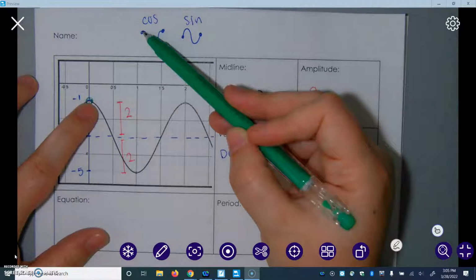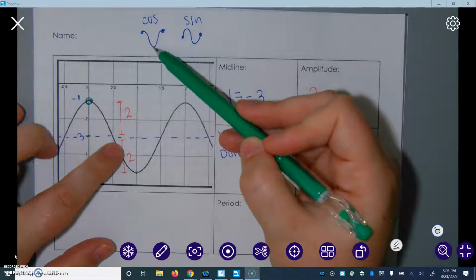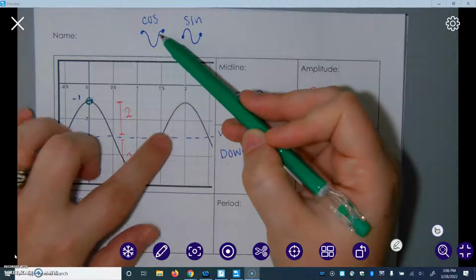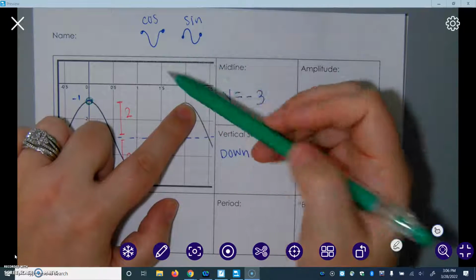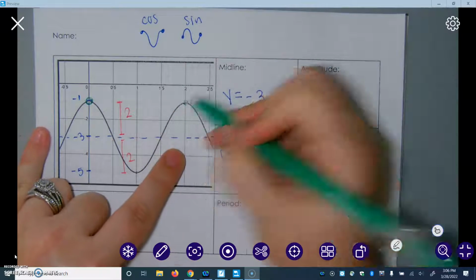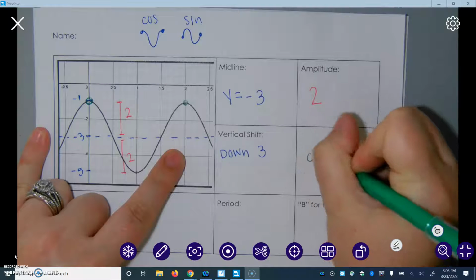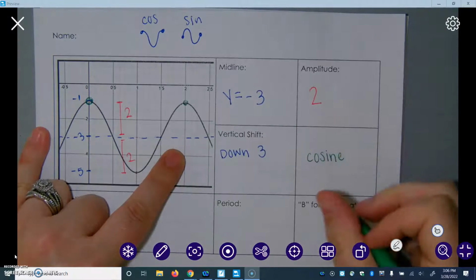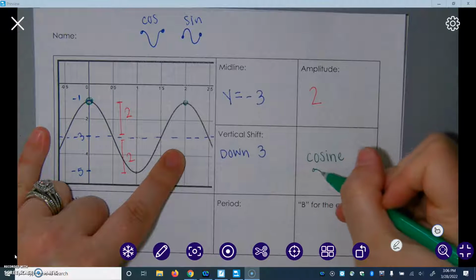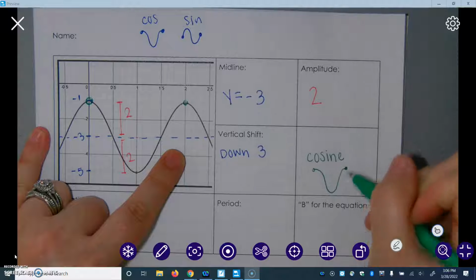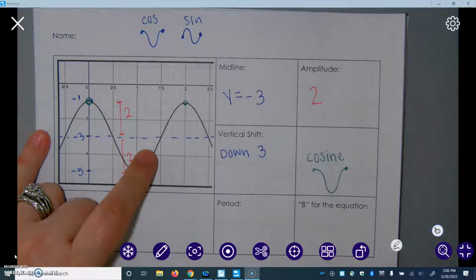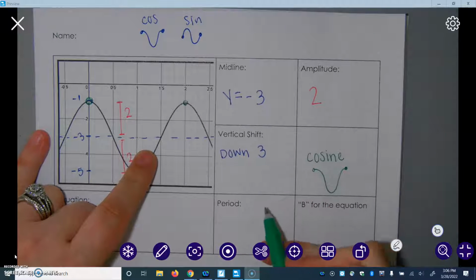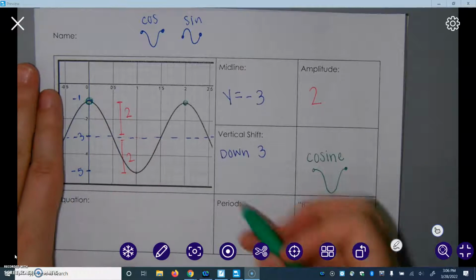The cosine graph starts at a maximum, goes down, and then goes back up. So this is a cosine graph. And I can tell because it starts at the top, goes all the way down, and then ends at the top. Knowing what it's supposed to look like will help me figure out the period.